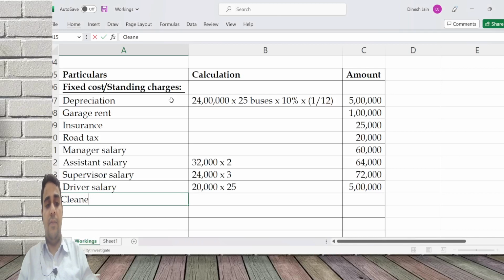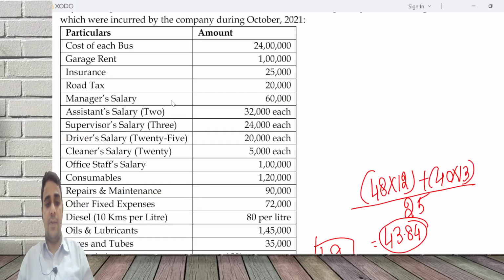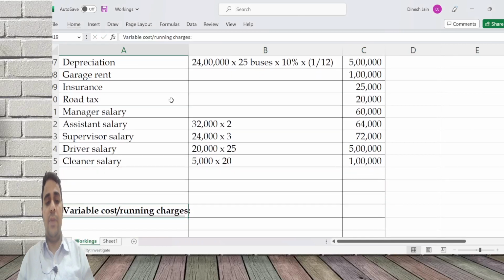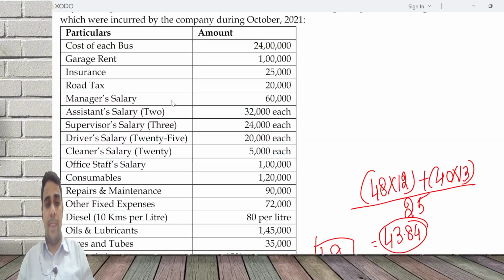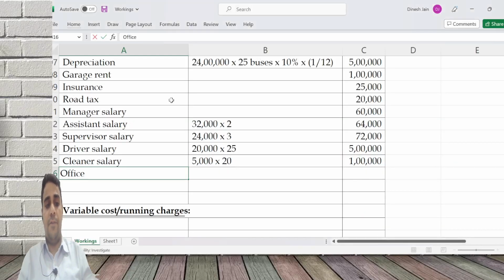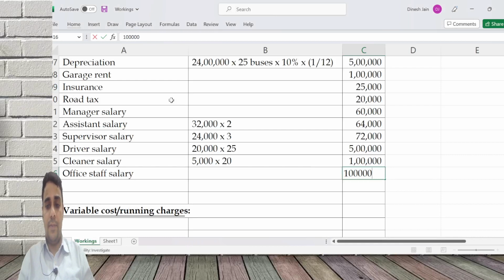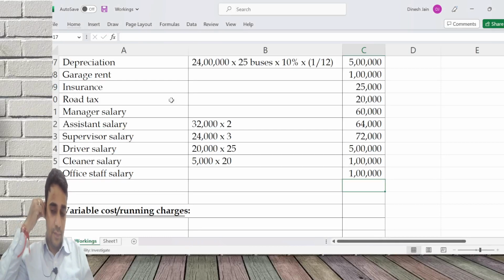Cleaner salary 5,000 into 20 cleaners. I'll explain in detail if something needs some explanation. Office staff salary 1 lakh.